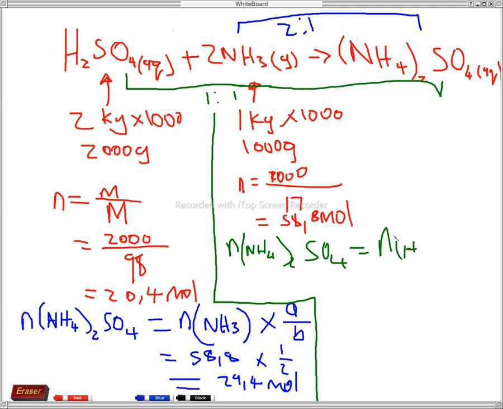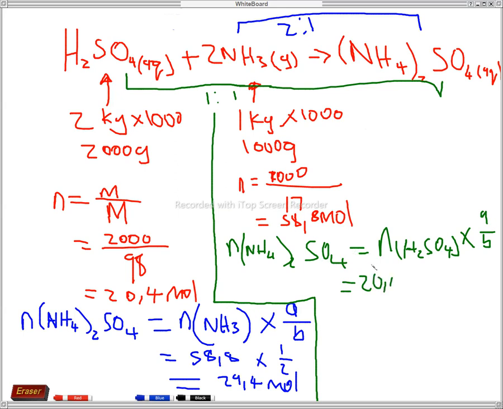Same thing that you did when you calculated the moles of here. So here you can also do it on your own, if you understood what I was explaining there. You just substitute your values.